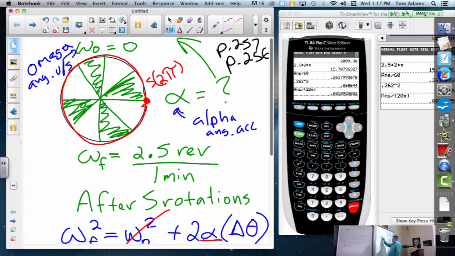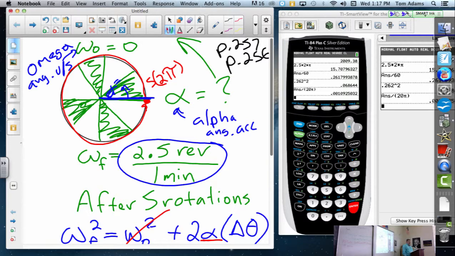So if I were to draw a line right here, what is the angle of this thing rotating constantly? How does it keep speeding up? Because acceleration is change in velocity. Well, whatever that value is, by the time it makes 5 revolutions, it should be operating at 2.5 revolutions per minute.